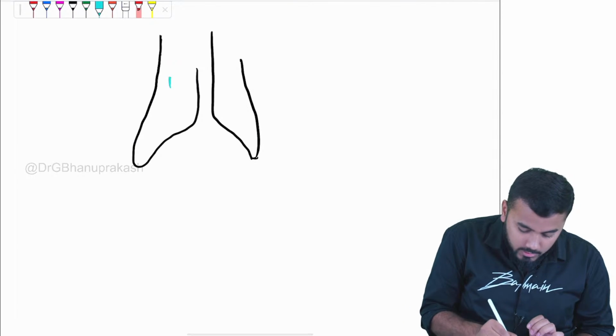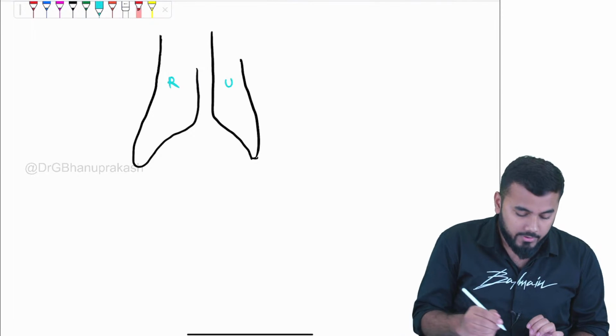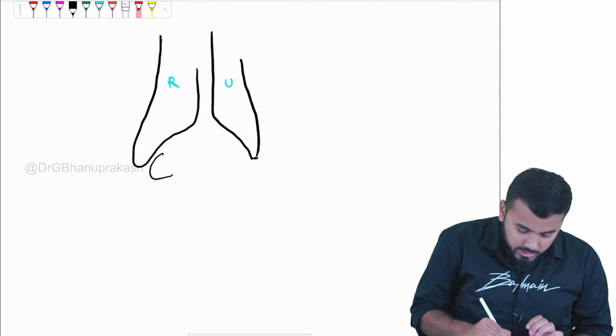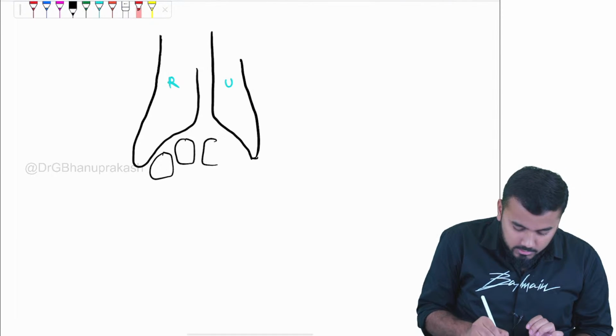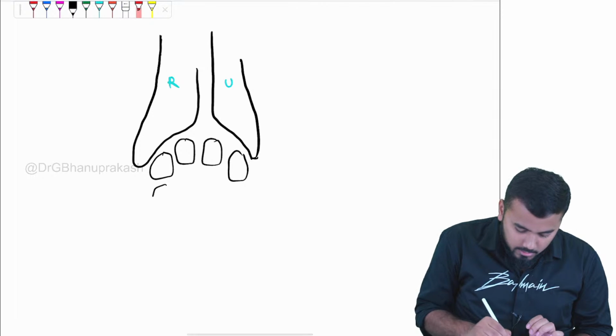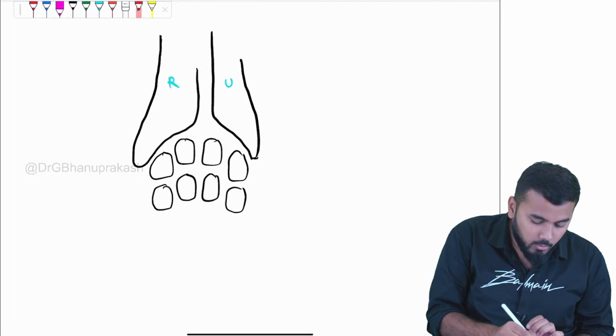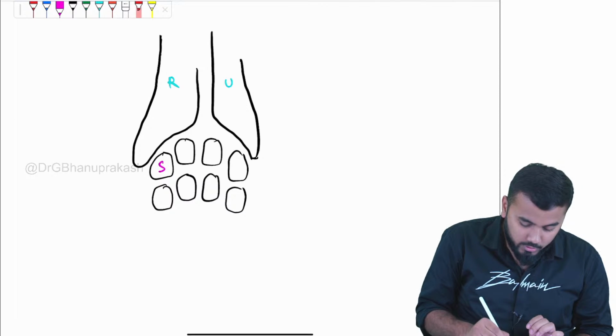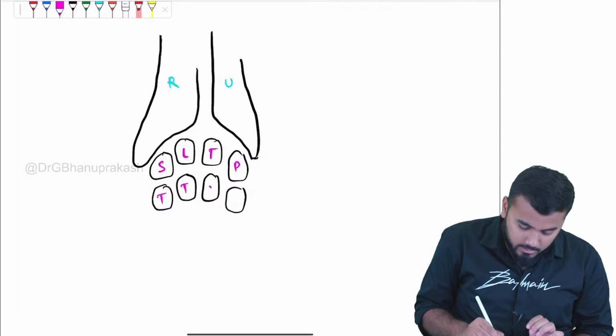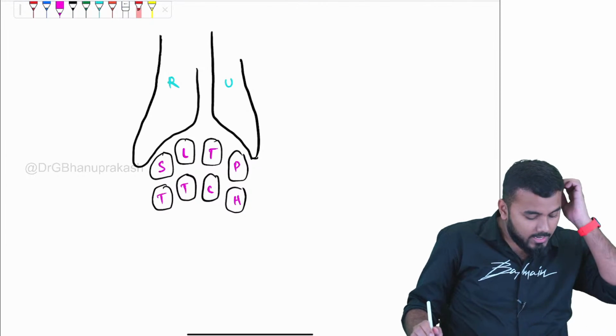So as usual, radius, ulna, right? And carpal bones, she likes to play, try to catch her. Now everyone has got their own mnemonic, guys. I studied this mnemonic, right? If you study any other mnemonic, then that is well and good, okay?